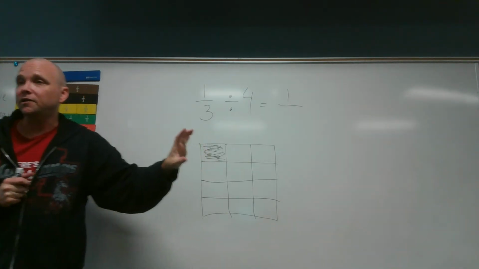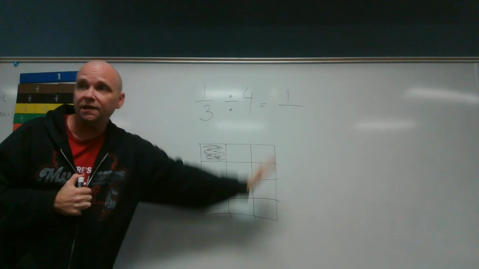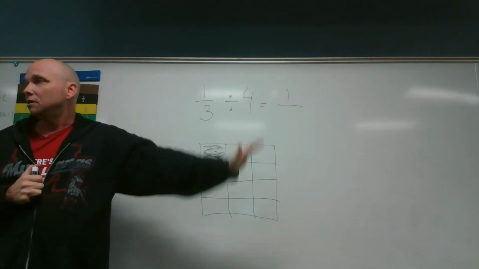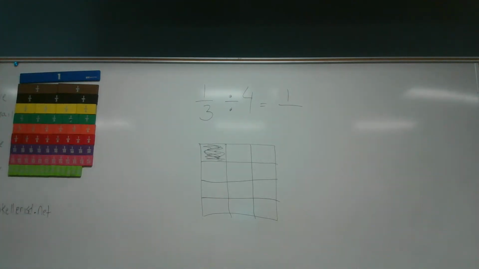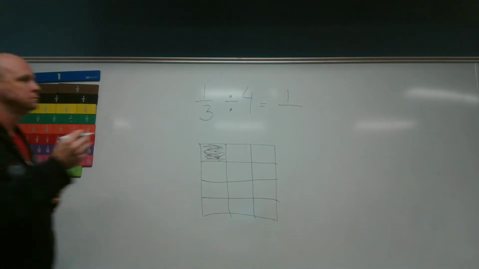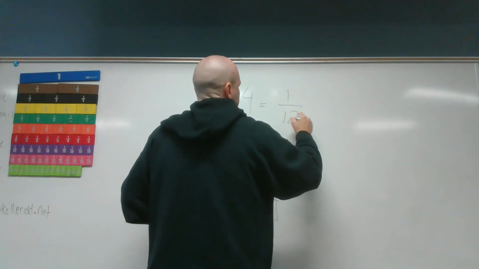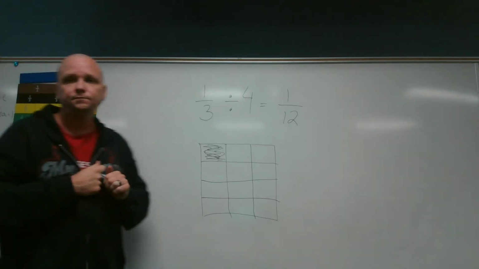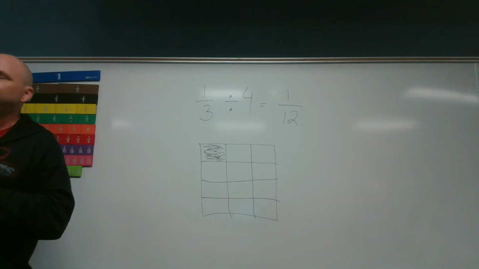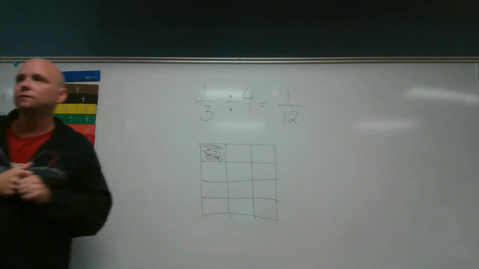And then I need to figure out how many total pieces there are. So Ian, how many total pieces are there? 12. 1/3 divided by 4 equals 1/12.